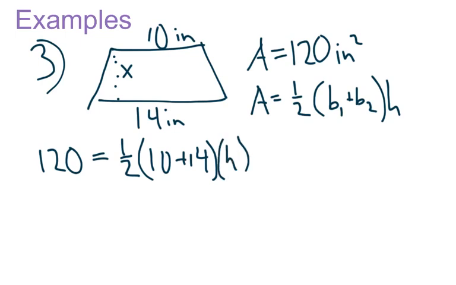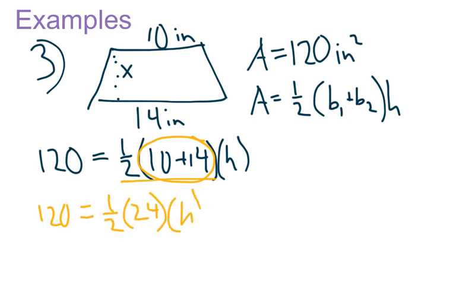Now we have to work on simplifying, and we have all this mess here that we've got to work through. We have to make sure we use order of operations, and you might be picking up on the fact that a lot of the things we've studied so far this year are now coming back to be used all at once. How fun is that? First I combine that: 120 is equal to 1/2 times 24 times our height.